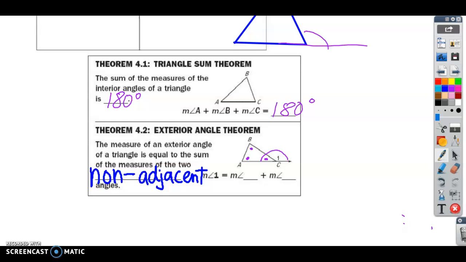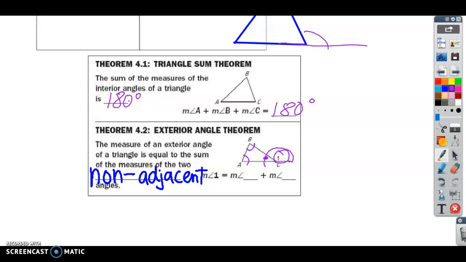So, okay, basically, if this angle is supplementary to the measure of angle 1, then we know that the measure of angle 1 is equal to the measure of these two, because angle 1 is supplementary with this angle, and all 3 of those angles add up to 180.